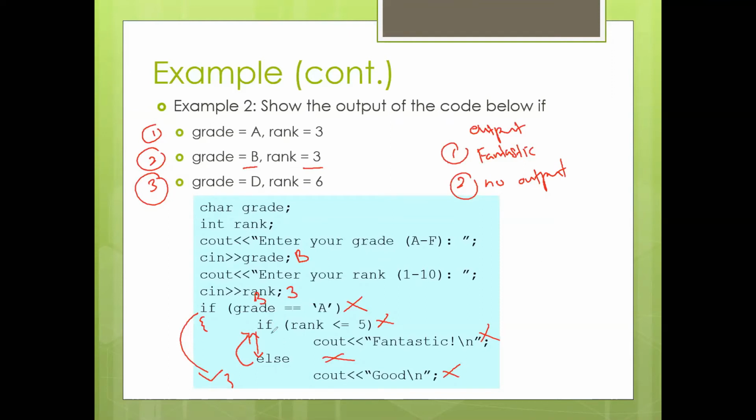Sebab itu yang dua ini adalah kepunyaan outer if. Itu maksud dia. Sebab itu bila kita tengok B tak sama dengan A, dia akan skip semua benda. Bila dia tak masuk dalam ini, semua pun dia tak akan masuk. Maksudnya sekarang compiler ambil else ini sebagai inner else. Itu maksud dia. Okay, so how about number 3? You can try on yourself.